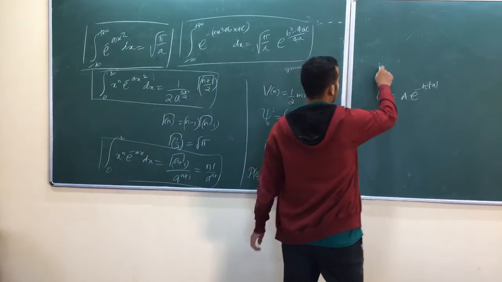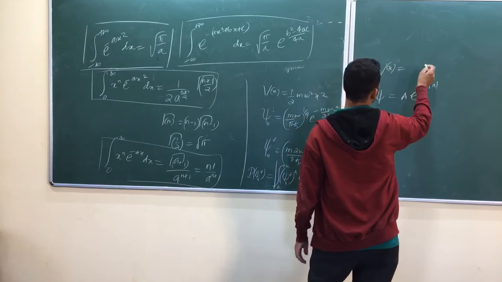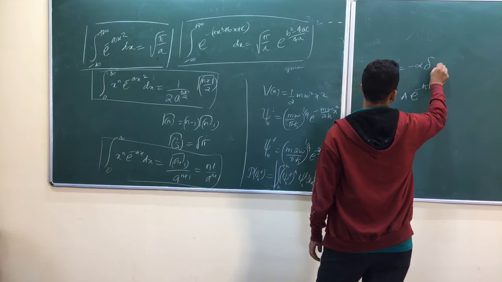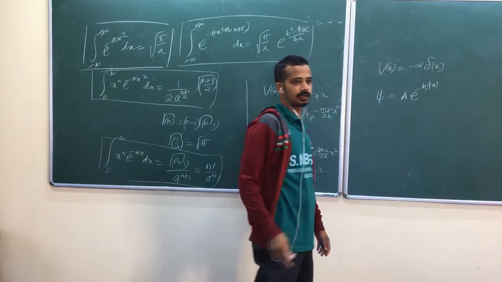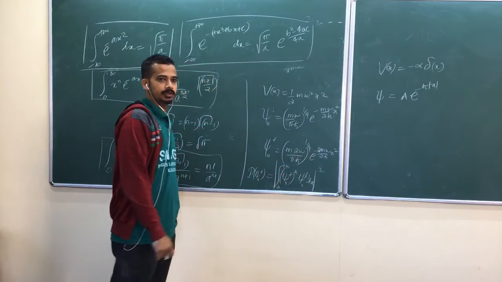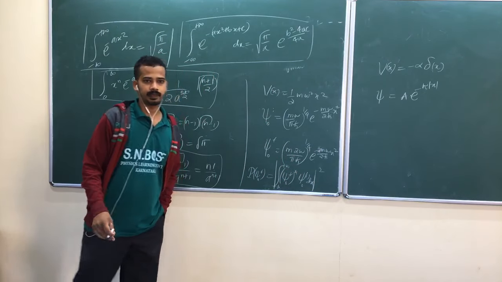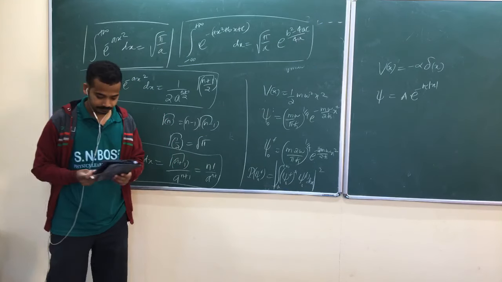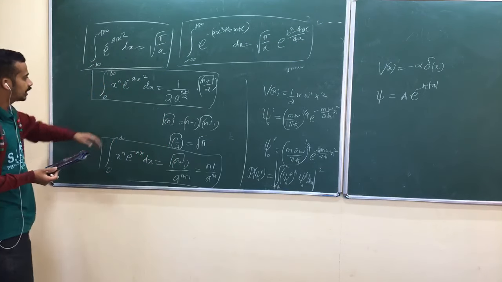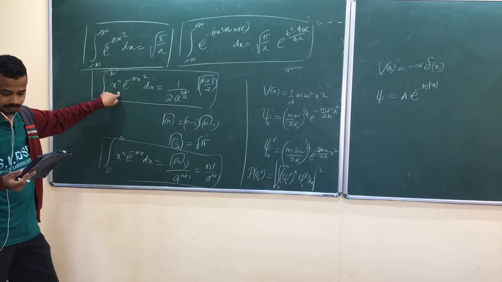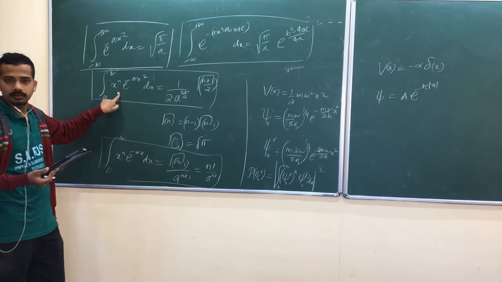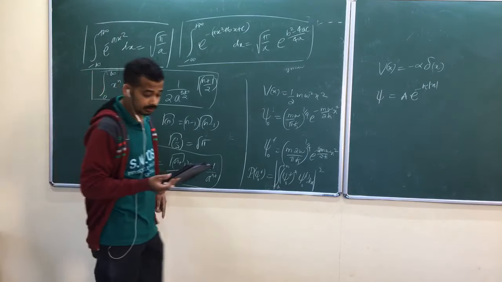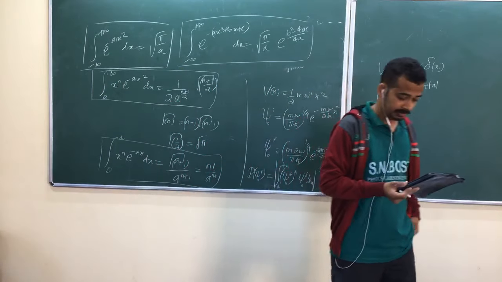For this kind of potential, minus alpha delta of x or minus V naught delta of x, alpha is positive. You should know that. Yeah, very next question, integral. That is exactly this integral. That's why, look at here, 0 to infinity. Don't think it is an odd function. Don't make it 0.